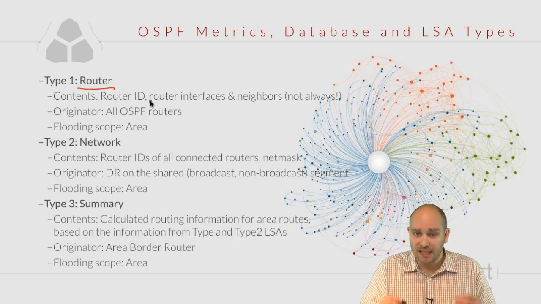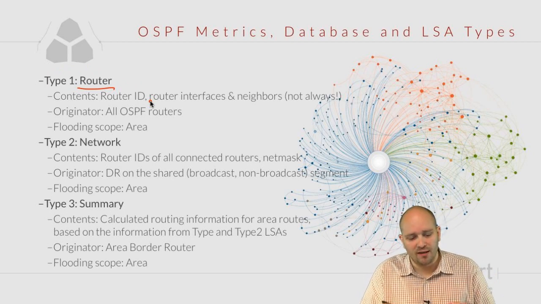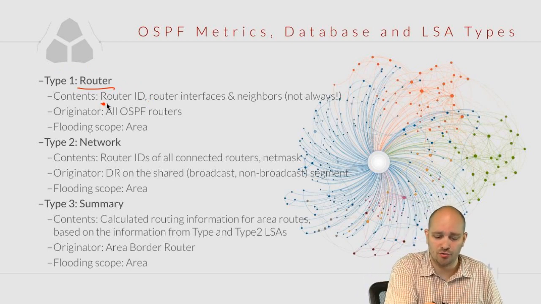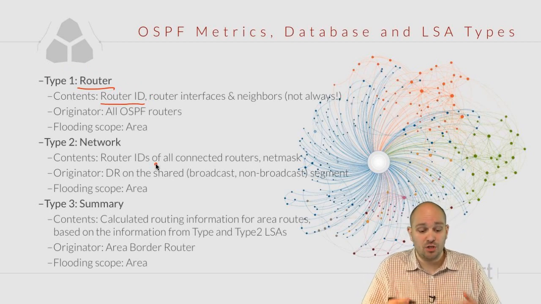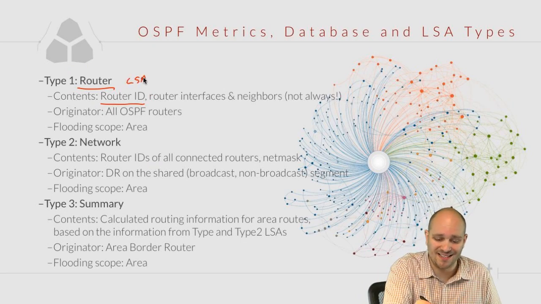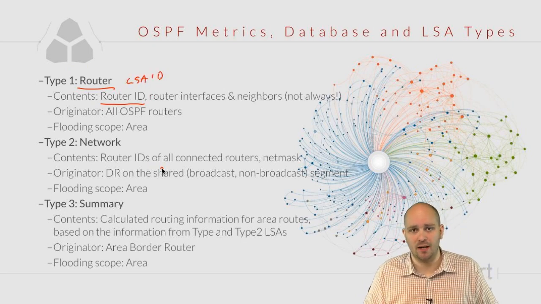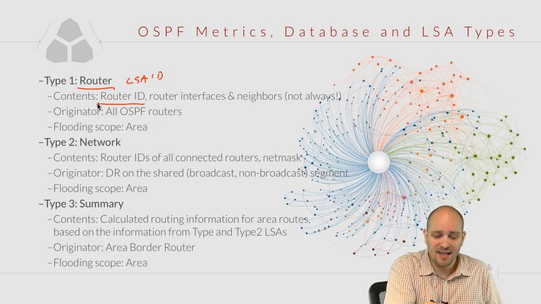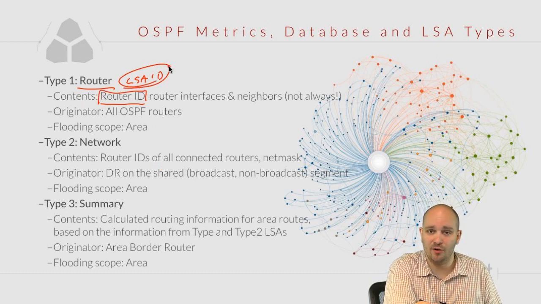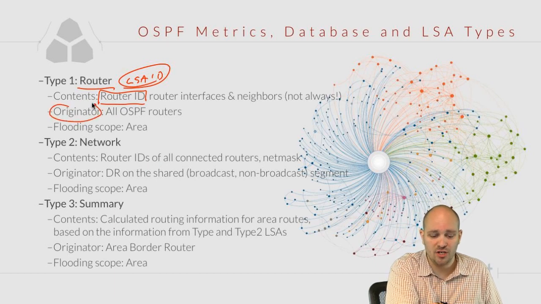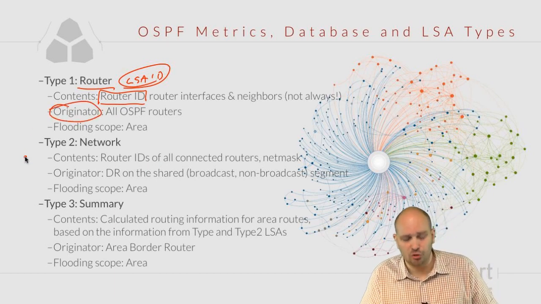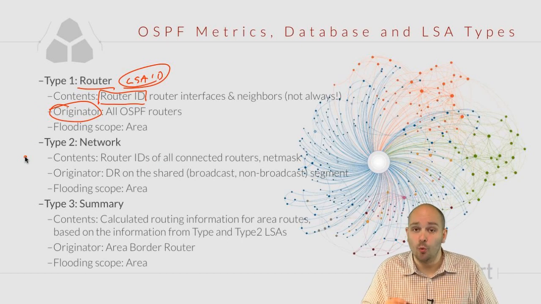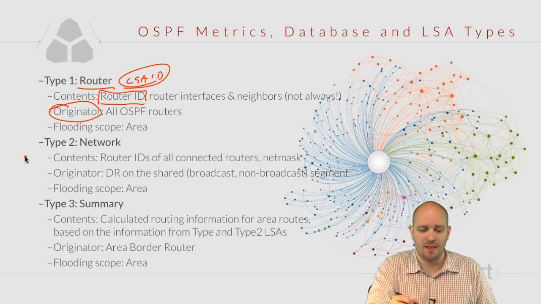The important contents of this LSA are the router ID of the router, which is also going to be the LSA ID of the type 1 LSA. In the case of type 1, the LSA ID carried in type 1 and the originator, the advertising router that injected it, will be the same information.